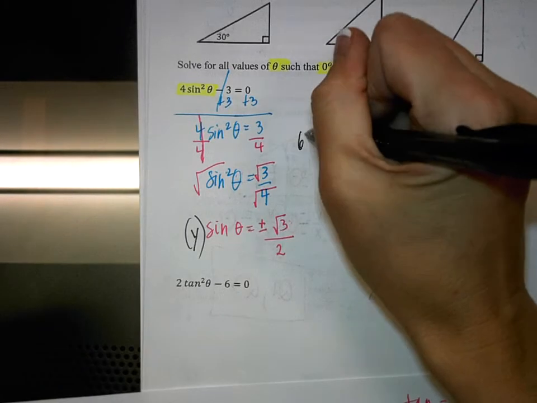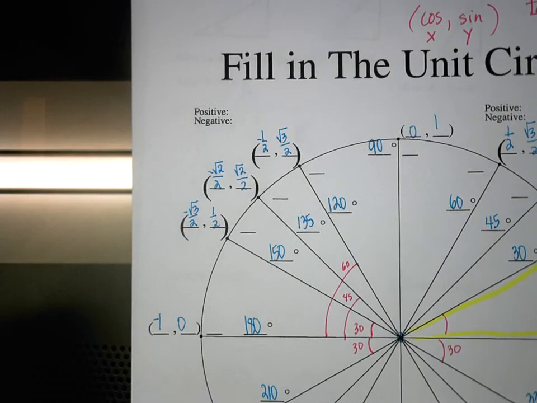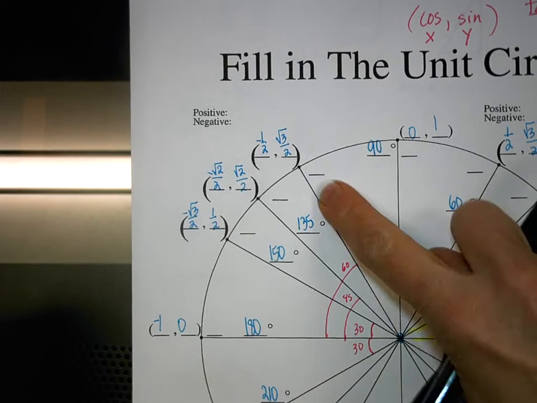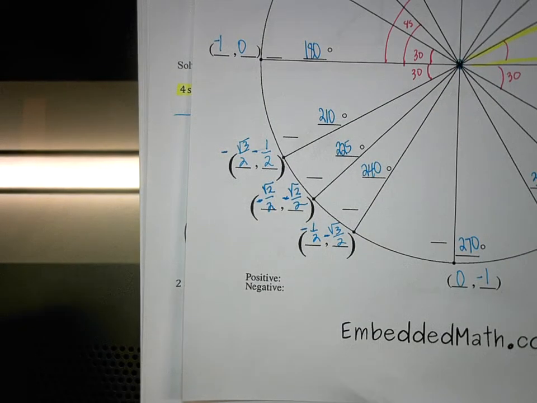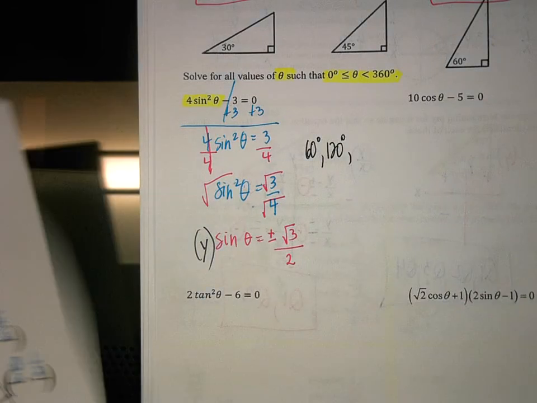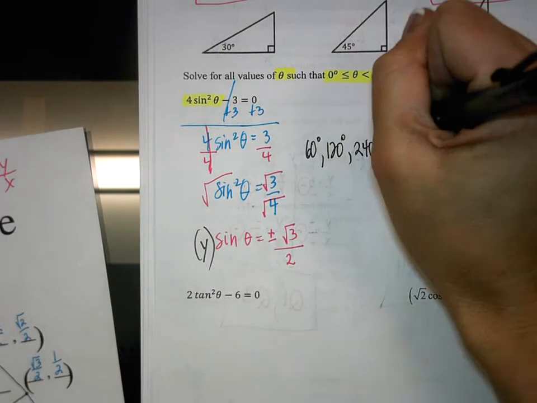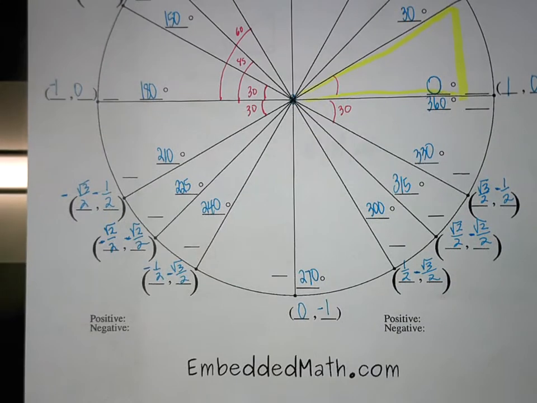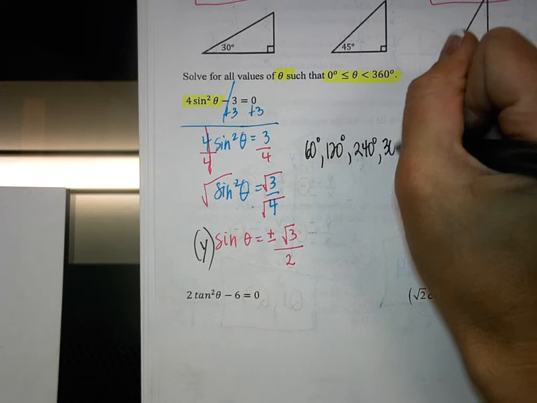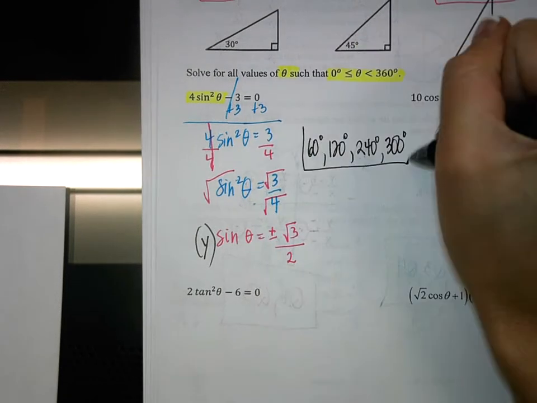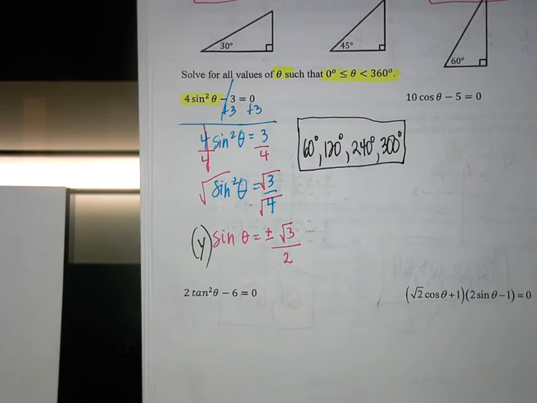So one of our answers is 60 degrees. Root 3 over 2, 120. Down here, y value of root 3 over 2 is 240. And then the last one, the y value of root 3 over 2 is 300. And again, I was looking at all the positives and the negatives because it could be positive or negative. And so those 4 answers are my solutions.